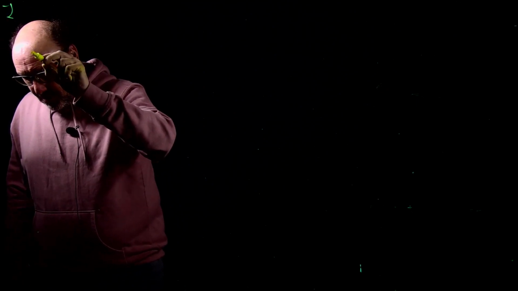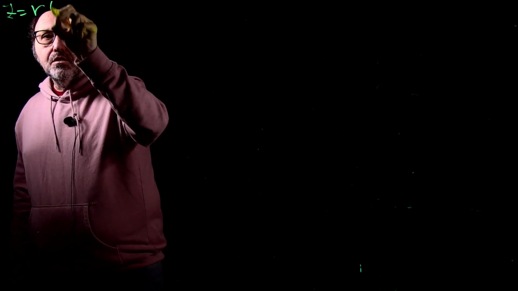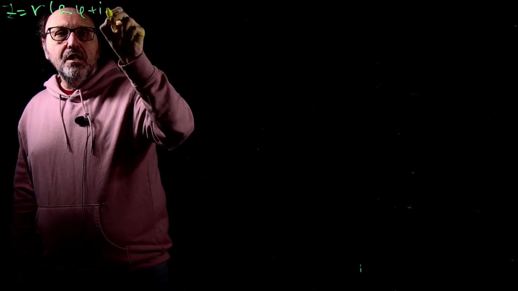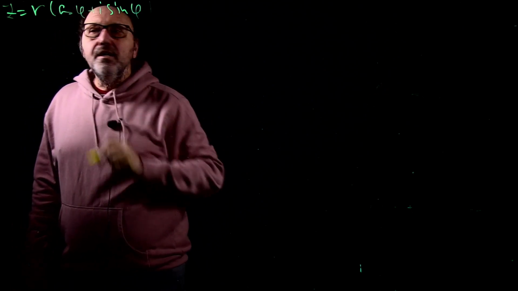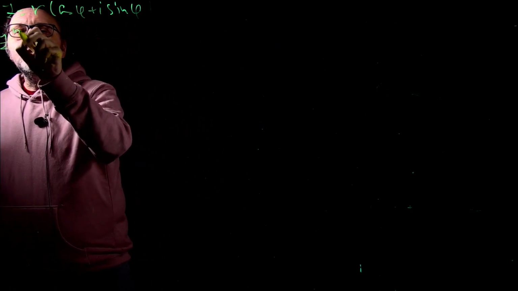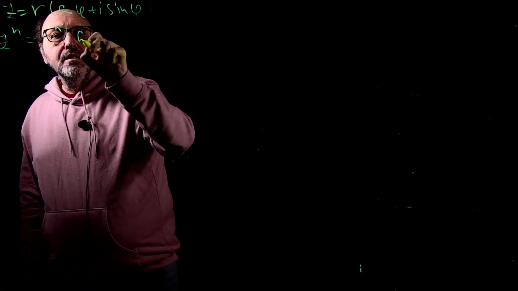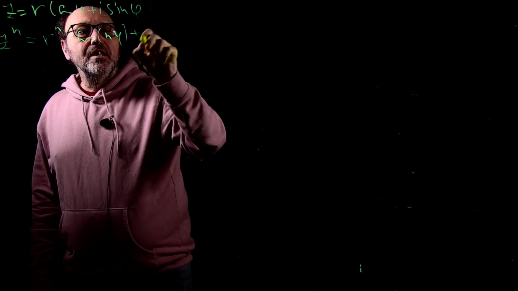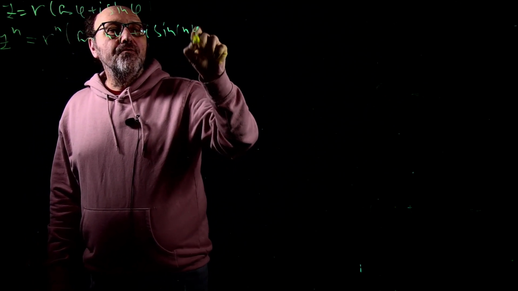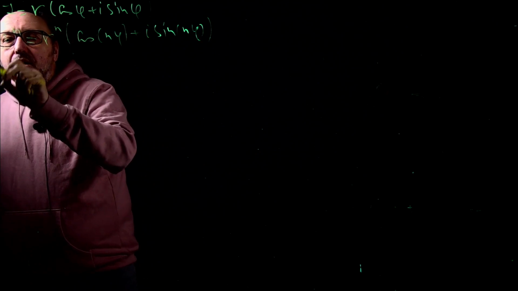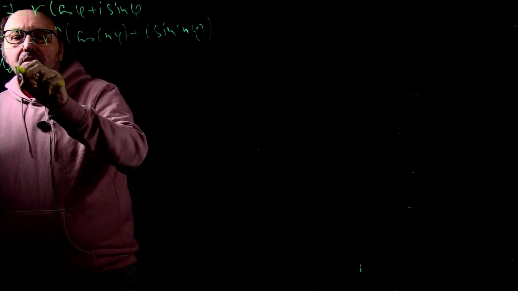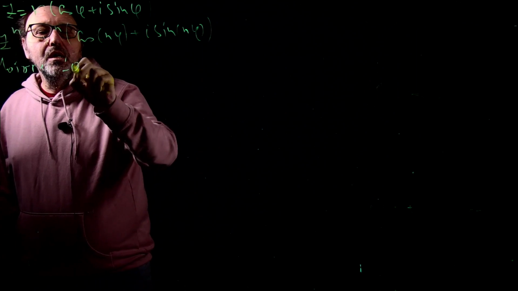So consider the extension of this formula. Now if we consider z in the form r times cosinus phi plus i sinus phi, then the power z to the n is computed by r to the power n times cosinus n phi plus i sinus n phi. So this is the classical Moivre formula.